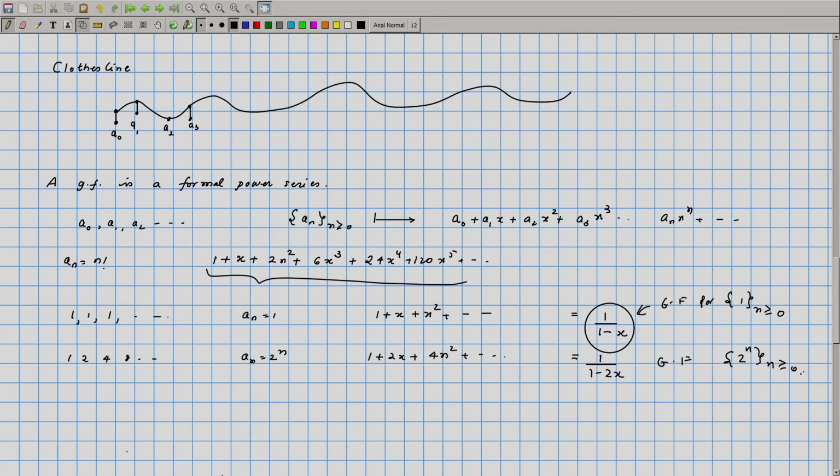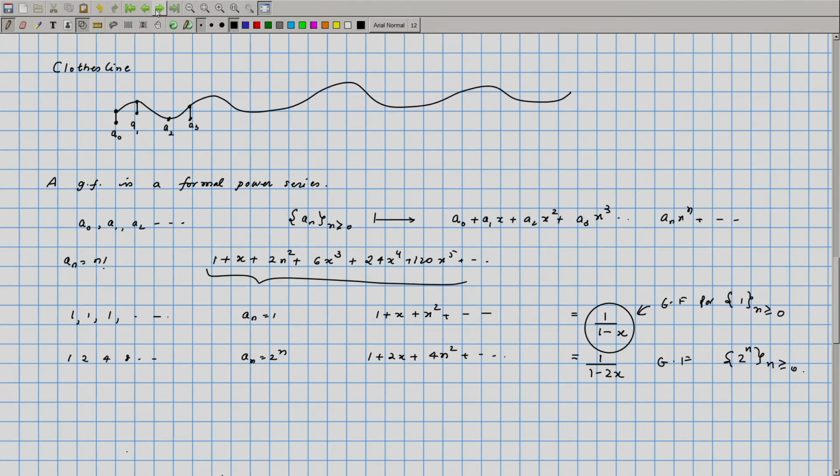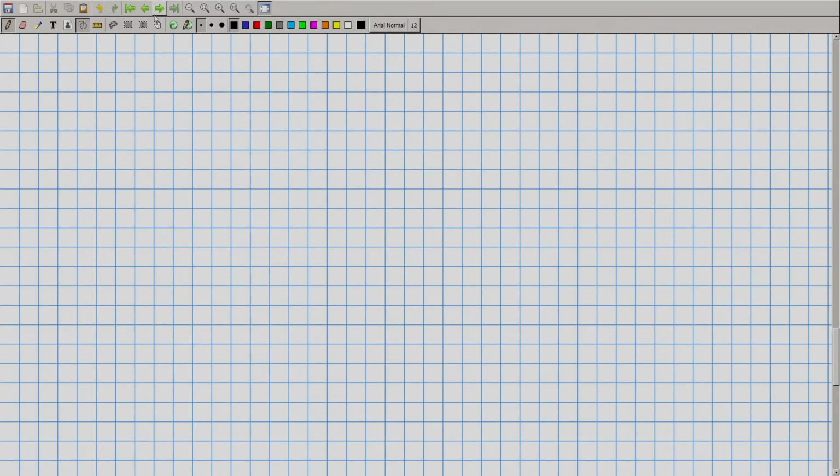Okay. So, now that we have the definition of generating functions in place, we can think of how to solve this particular recurrence relation using generating functions. A little bit about the notation. Whenever we think of a sequence A0, A1, An, its generating function we will denote by A of x.